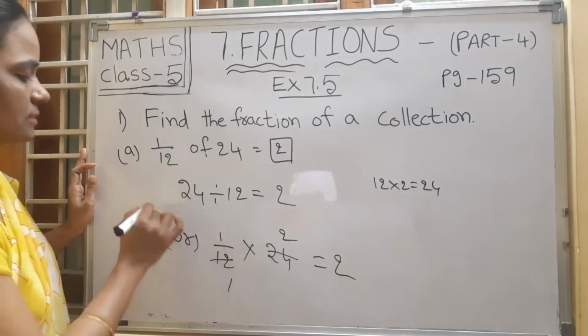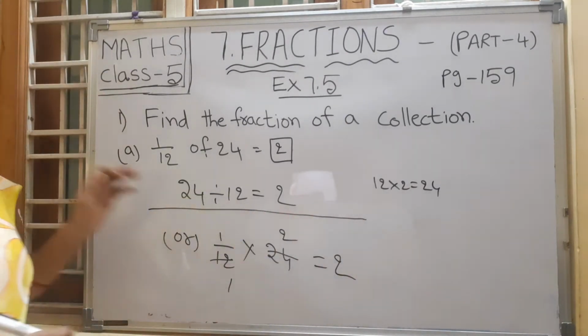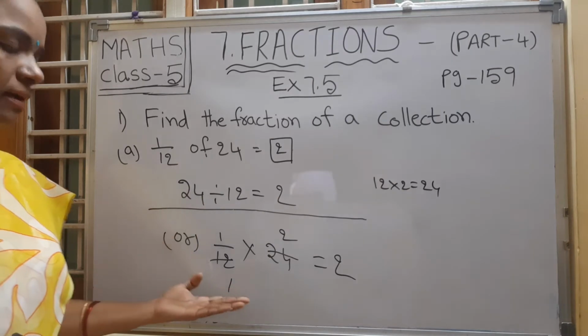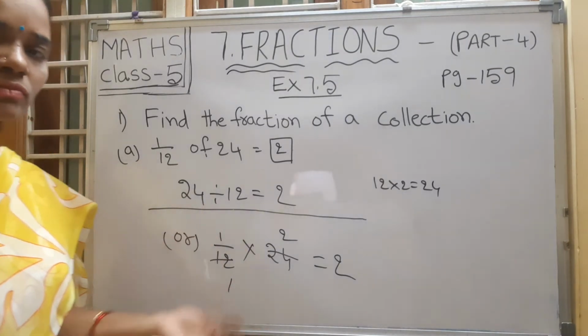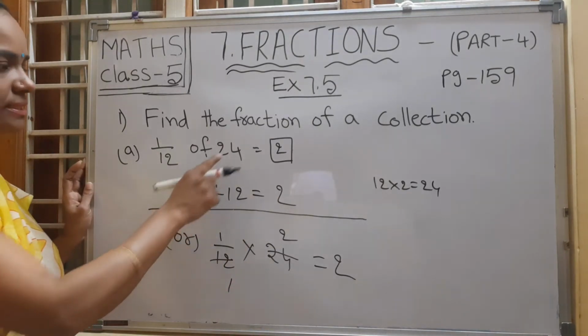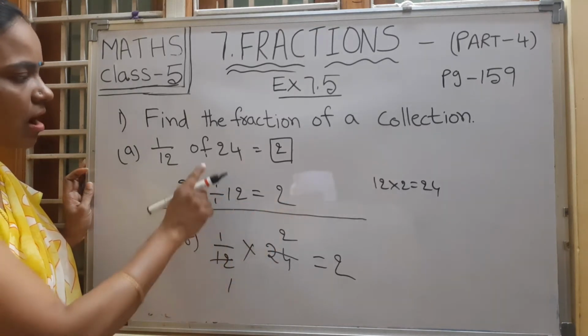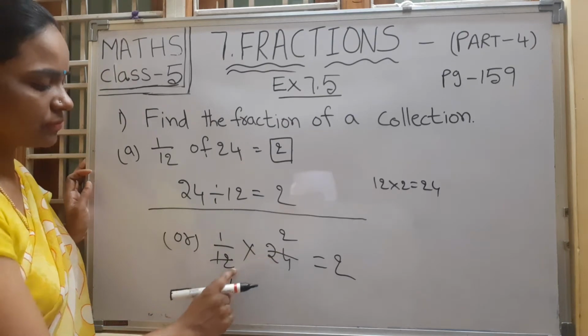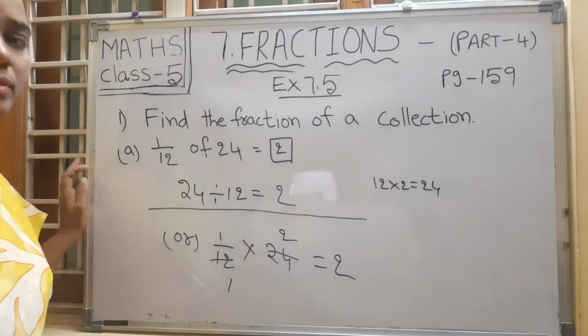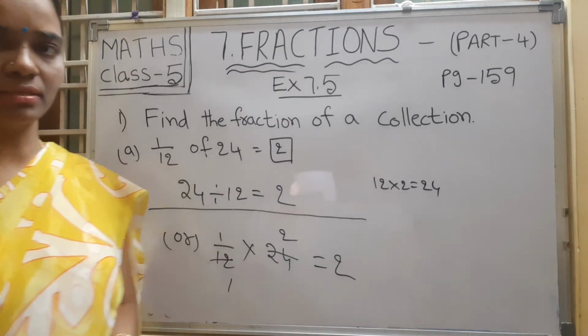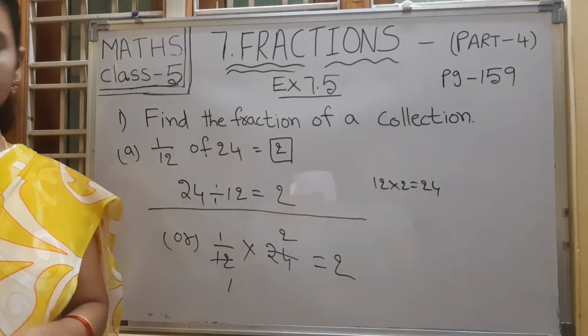So 2 is the answer. So either like this or in this way also we can take. It is 24 divided by 12 is equal to 2, or 1 by 12 into 24. So what is the answer? 2 is the answer. Finally we will get the same answer. Note it down, children.